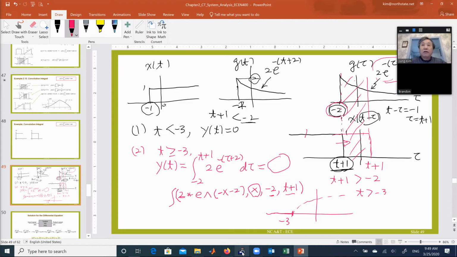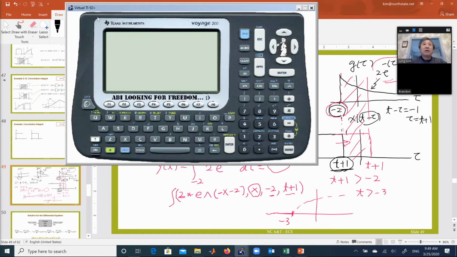My calculator got upset when I used two variables, so I probably did something wrong. I got e to the minus 4 times e to the 2 times t plus 6, minus 1. Okay, so let's see.